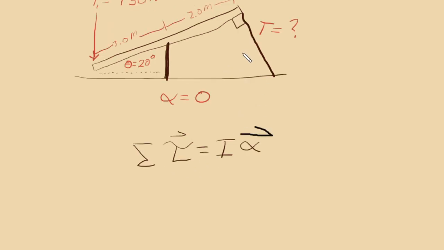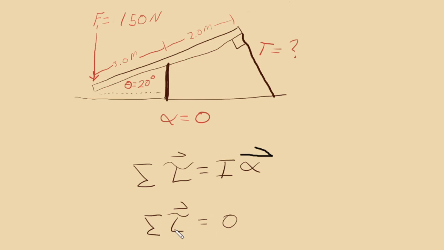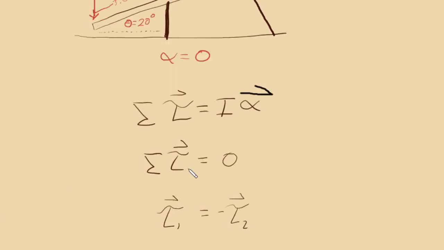Because our seesaw is being held back by a rope, we have a force on this side, and we know that the angular acceleration is going to be 0. So the torque being applied to the left side must be equal to the torque being applied to the right side, just in the opposite direction. So we could say the sum of torques equals 0, so torque 1 equals the opposite of torque 2.